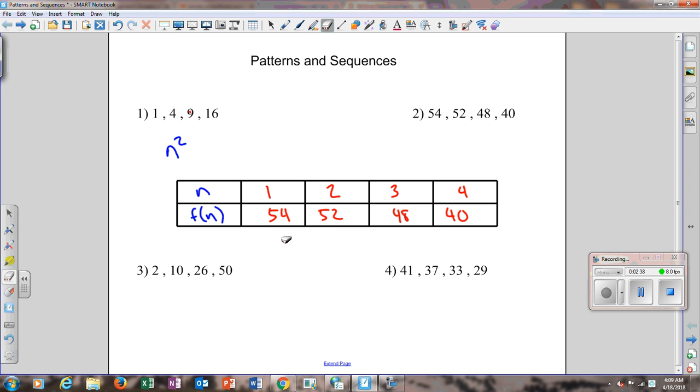But we could start with a random point and check and see how these numbers change. So it goes down 2, down 4, down 8.